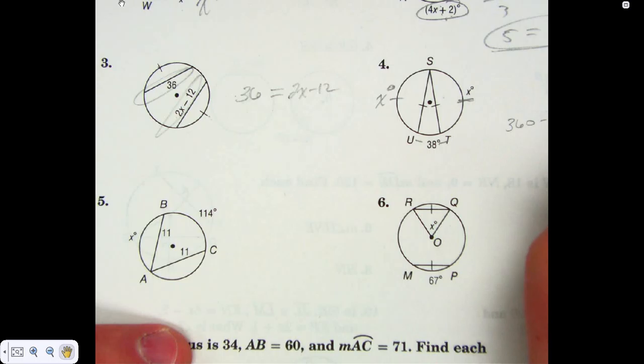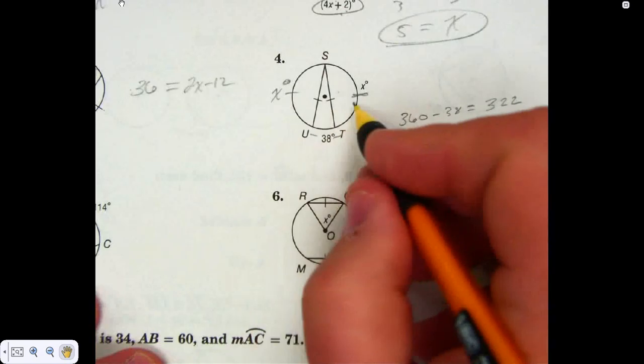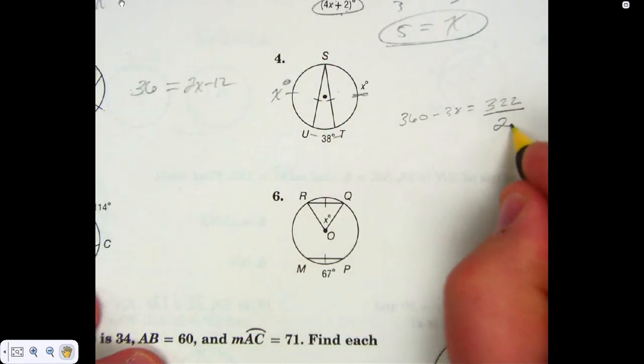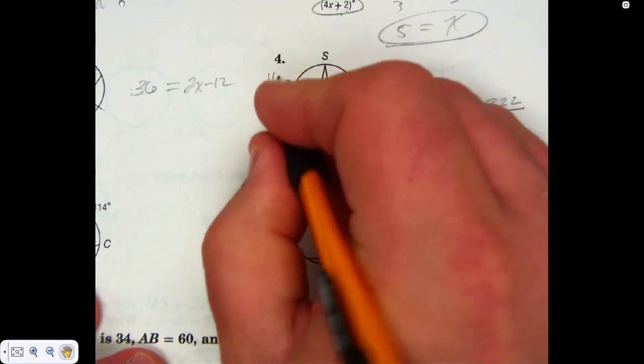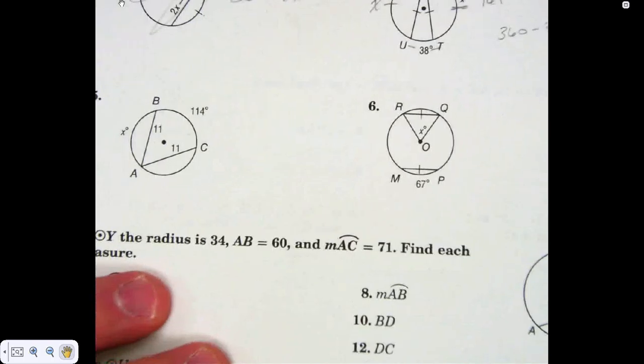What do I get? 2. Okay, so there's 322 left for these two, and these two are what? The same. So what do I do? So 161, 161. Same concept here, isn't it?